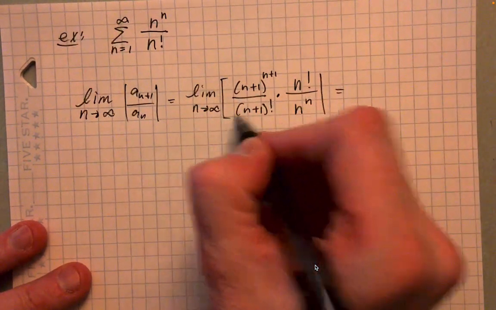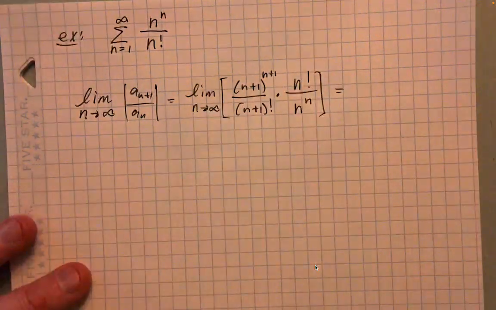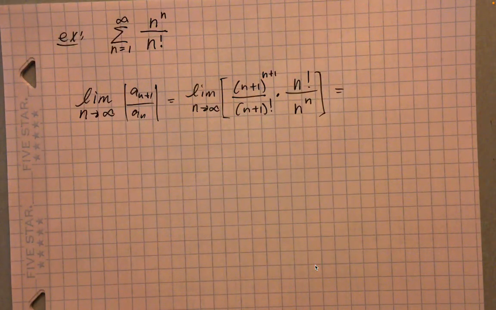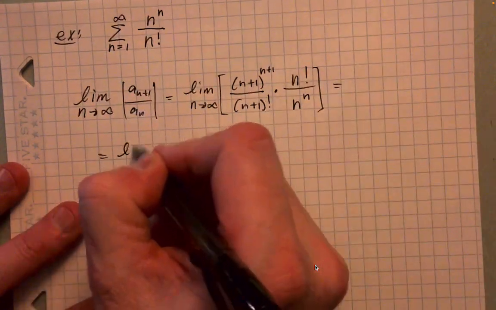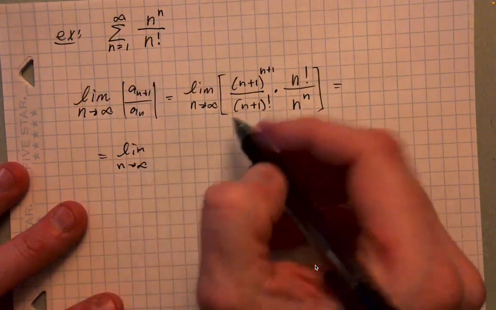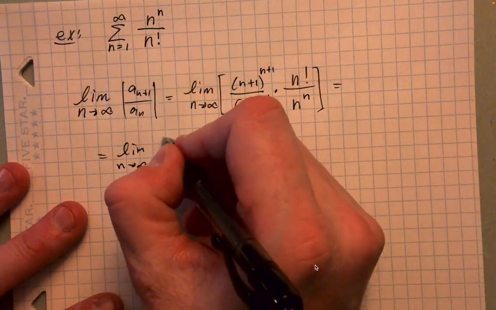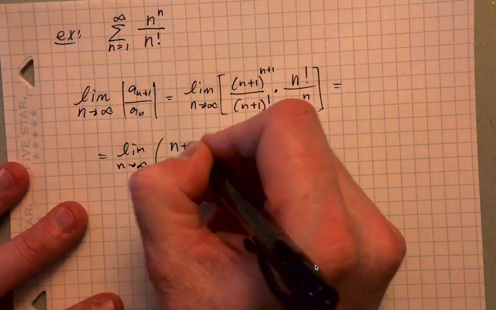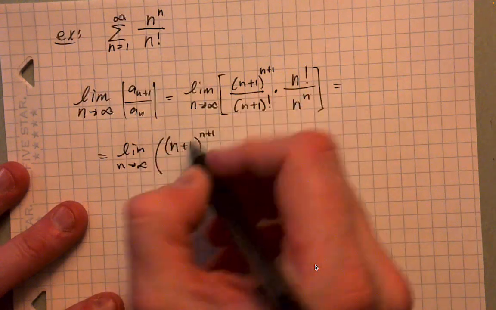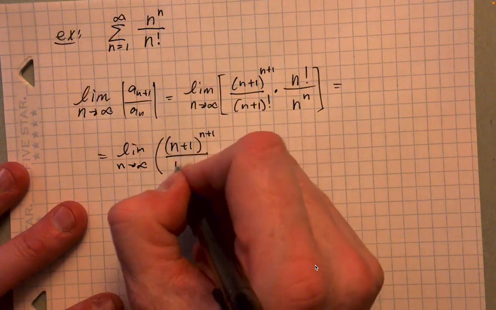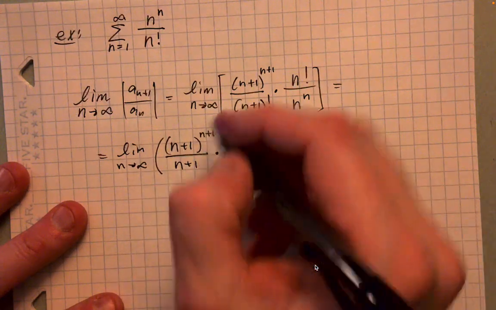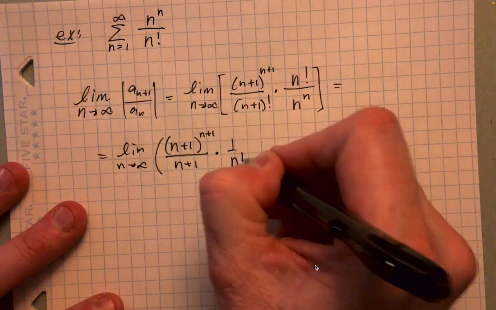Right now everything is positive here, so the absolute value is not necessary. Yeah, we can do a little simplification right out of the box. The n factorial and the n plus 1 factorial will cancel, right? And I'll have n plus 1 to the n plus 1 power over n plus 1, and then times 1 over n factorial.